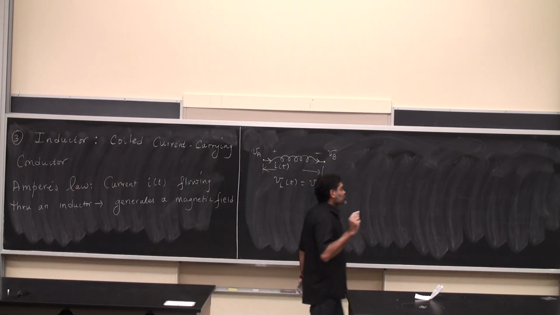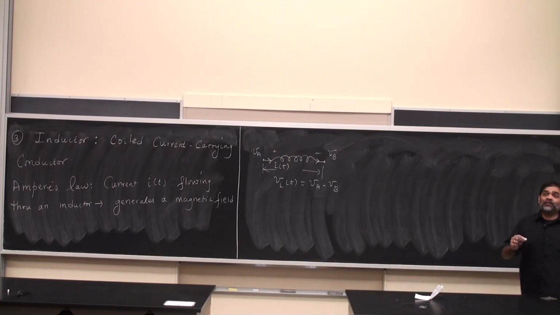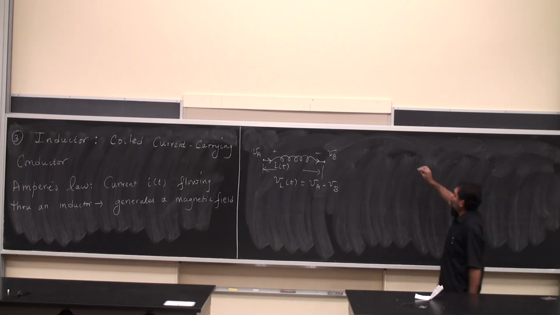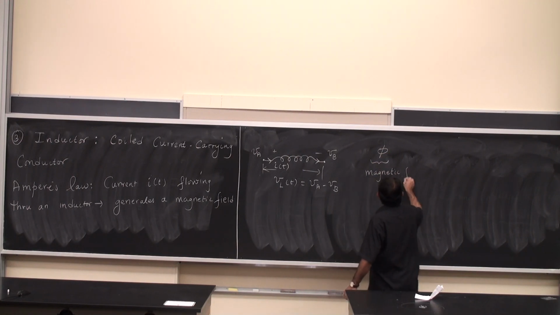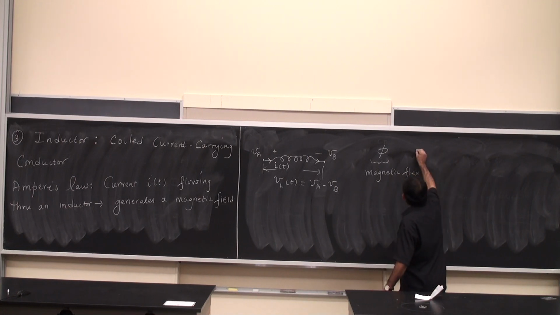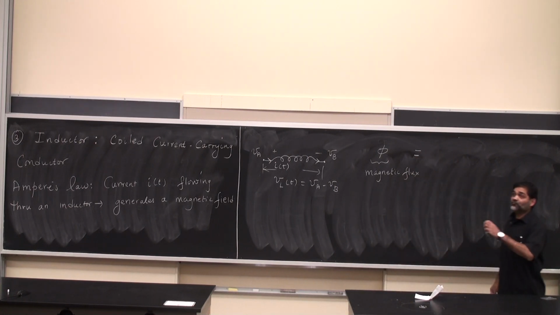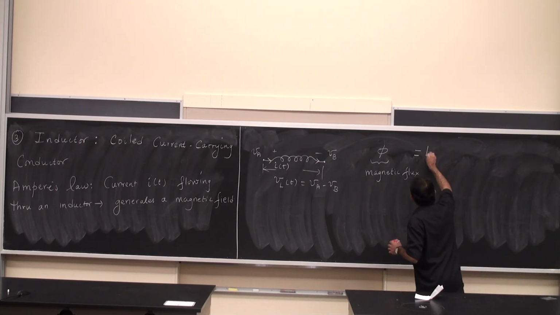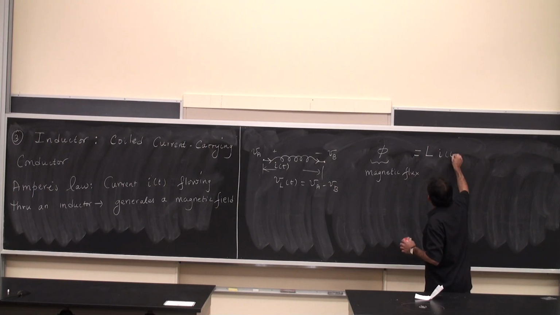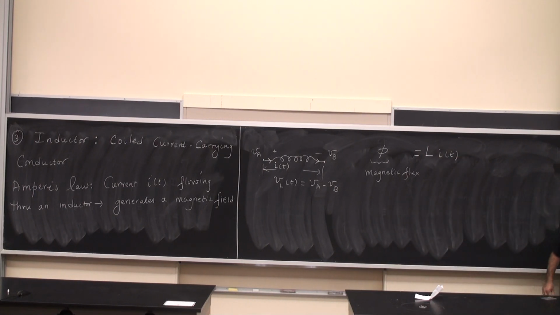This current generates a magnetic field. The magnetic flux of that field, which is going to be called phi, is proportional to the current flowing through it, I of t, and the constant of proportionality is called capital L, where L is called the self-inductance, or simply the inductance of the coil.